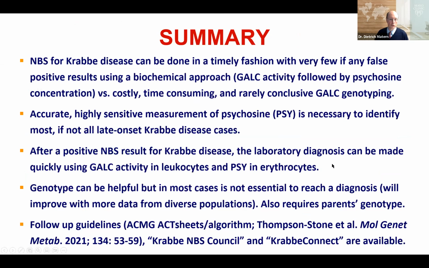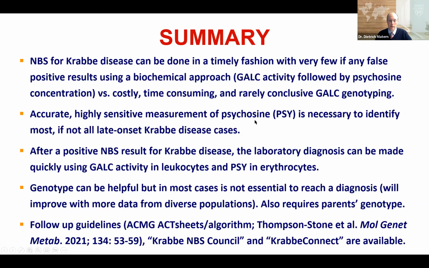So in summary, newborn screening for Krabbe disease can be done in a timely fashion, even if you do a second-tier test that has to be sent overnight somewhere. It has very few, if any, false positive results if you use a biochemical approach versus what I still believe for most is a costly and time-consuming molecular approach that, again, also does not always, or rarely, give you a really conclusive genotype.